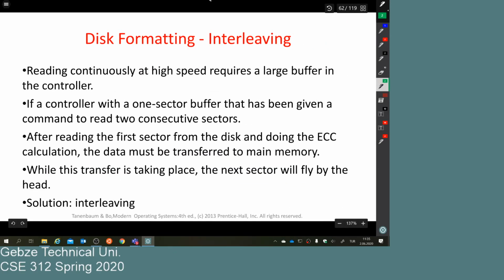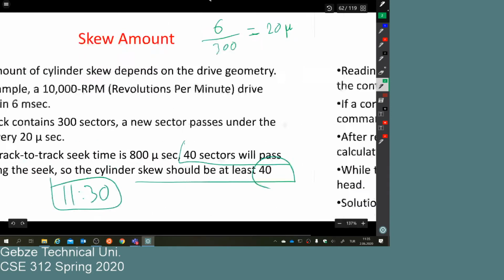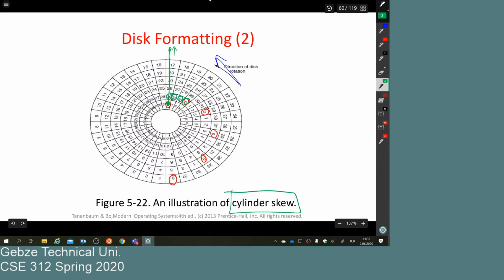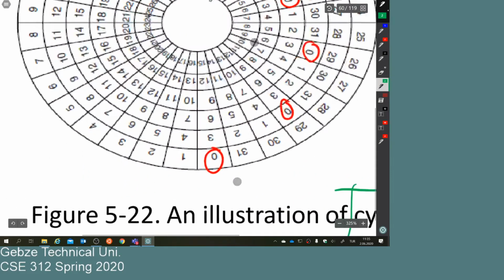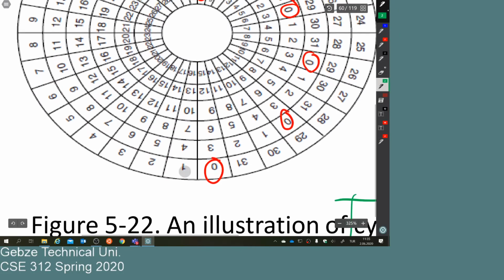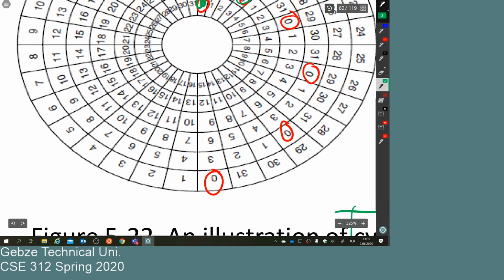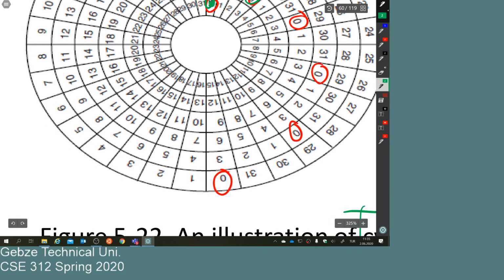Another thing related to low-level formatting is interleaving. Usually, this is the structure of our disk: sector number 0, sector number 1, sector number 2, and sector number 3. Let's say I read sector number 0. I have to process it, and after that I am going to read sector number 1.